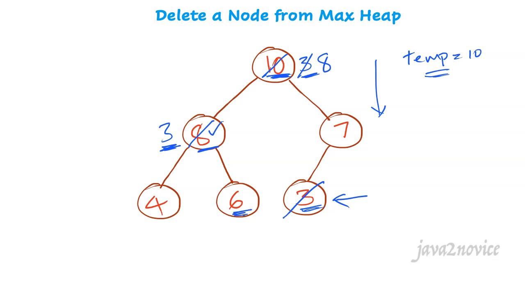Since 6 is max, we replace 6 with 3 and 3 with 6. Since we have reached a leaf node, let's return the temp value which we stored as the first step. So this is how we can delete a node from the heap data structure. The time complexity to delete a node from a heap is log n.